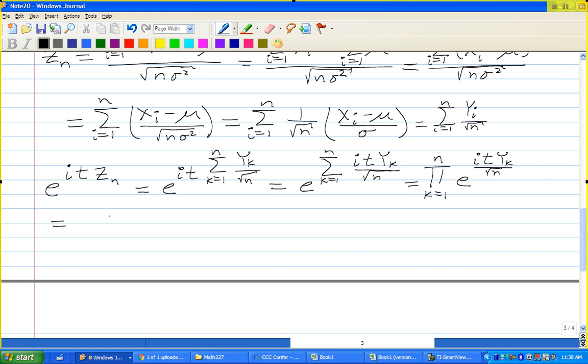So this is equal to the product k equaling 1 to n of e to the i t, let's just say the first one, y1 over rad n. And so this is just e to the i t y1 over rad n, to the n, because all of these are identical now.